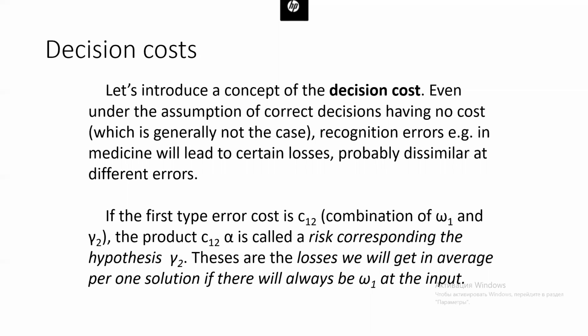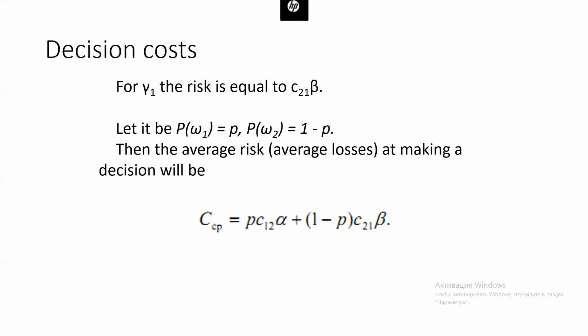So if all input objects are from class 1, we will obtain these losses as an average per one decision. And the same will be for C21.